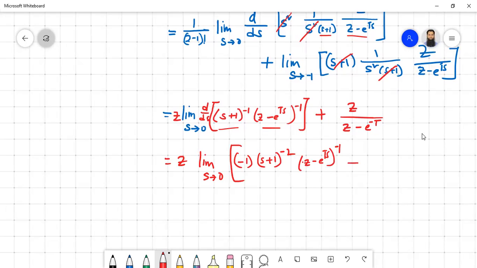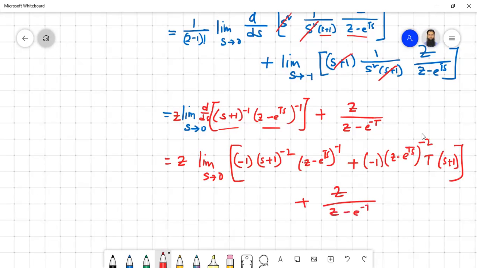And then the next one will be the differentiation of that one. So plus minus 1, then we have (z minus e to the power ts) to the power minus 2, then the derivative of ts, so t will be there. And also don't forget about s plus 1. And then we have z by z minus e to the power minus t.